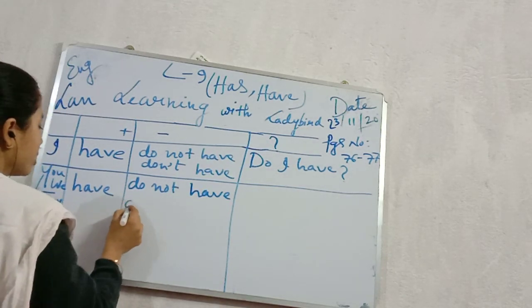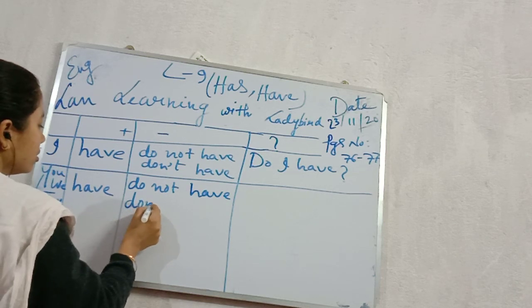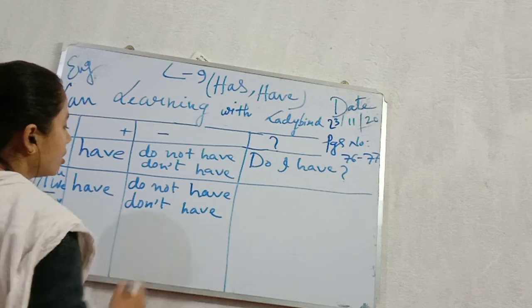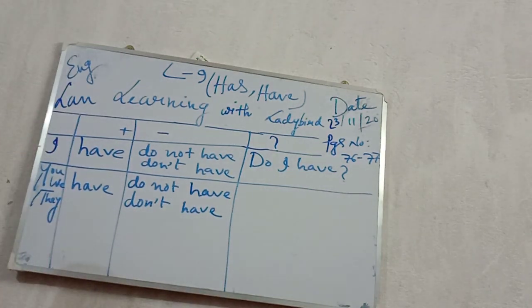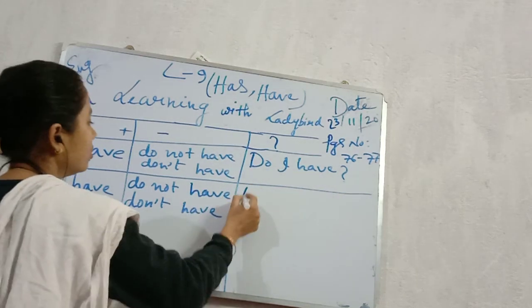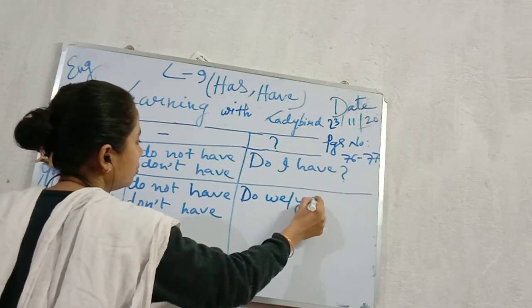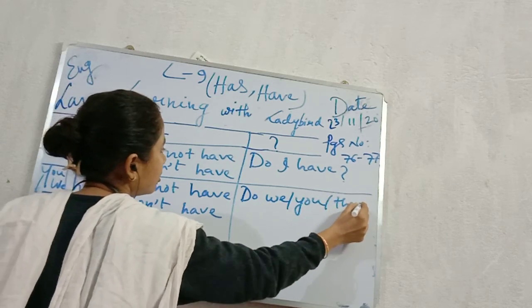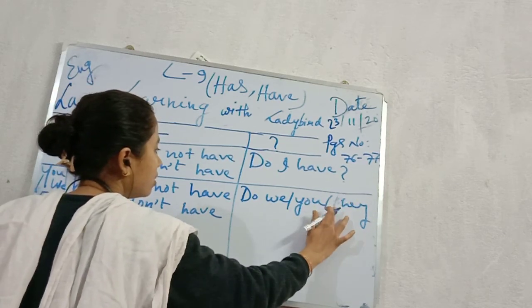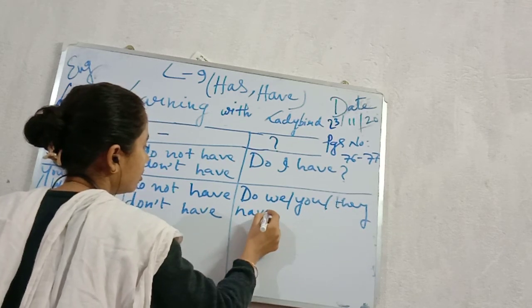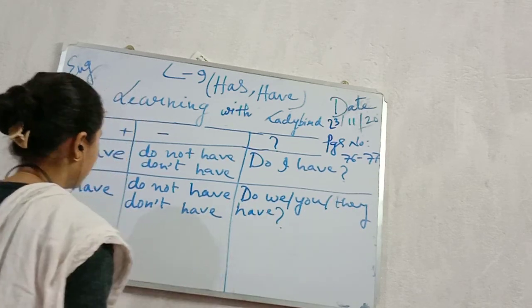Then for showing contraction, don't have. For making questions: do we, you, they have? Then an interrogation mark.